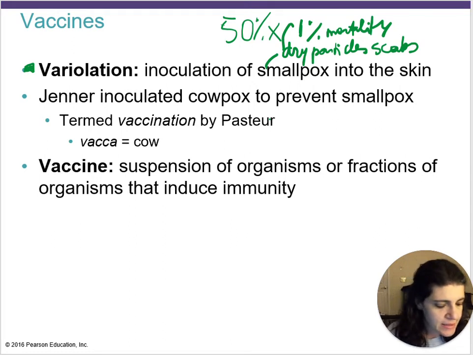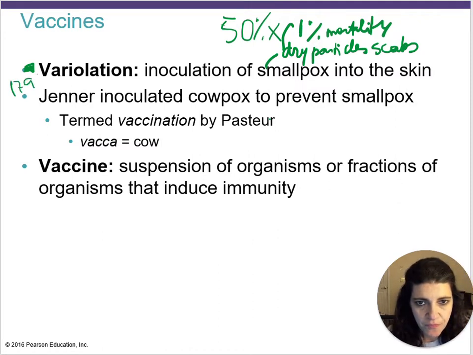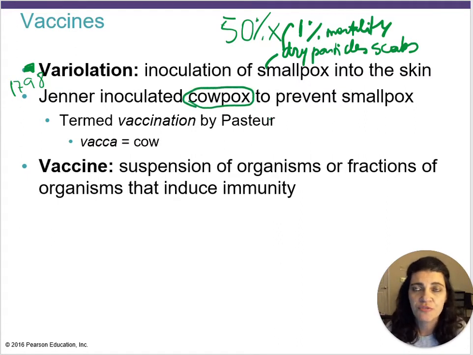And then around 1798, they started to inoculate, still for smallpox, to try to get a better response, individuals with a virus that would cause a much milder disease. There was the virus that would cause smallpox in cows, called cowpox.